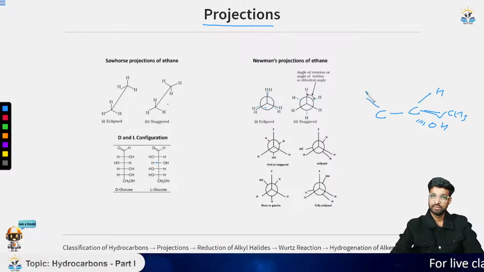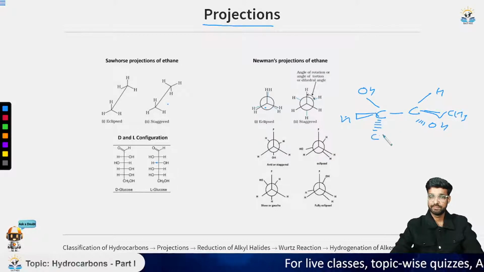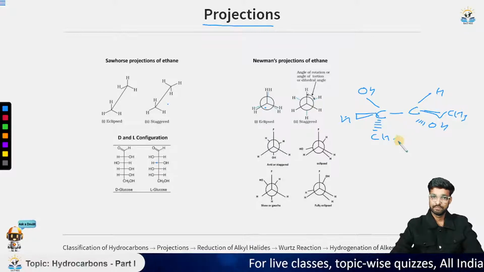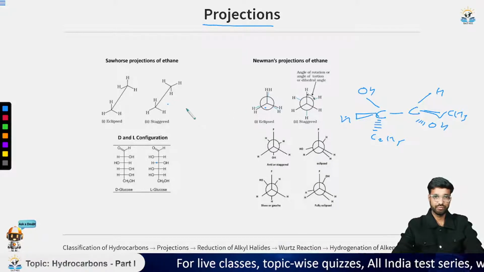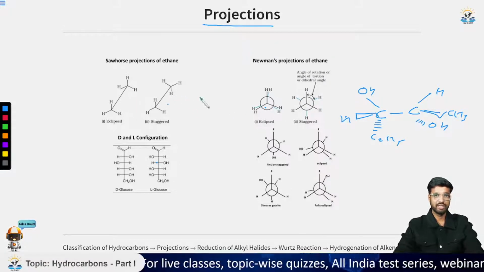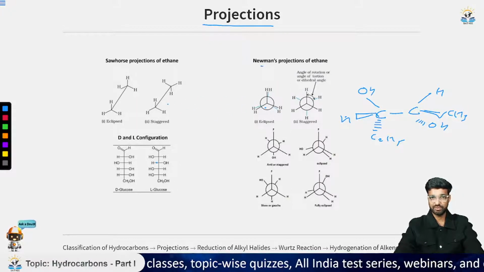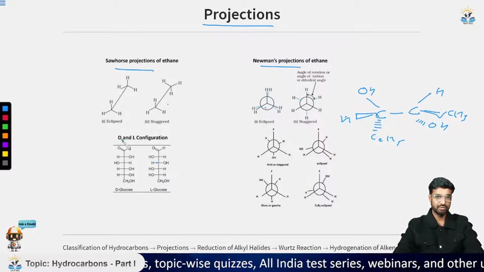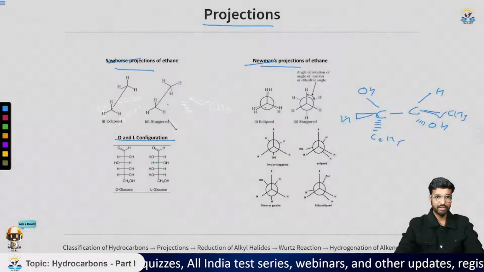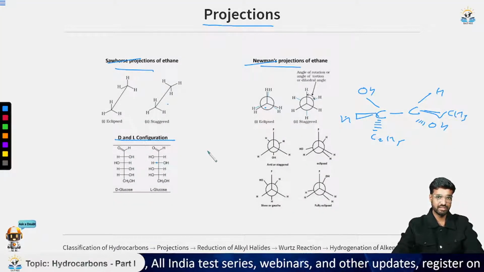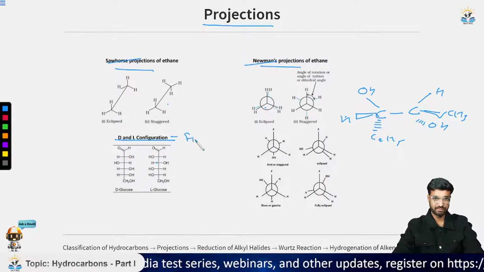Similarly, we have this OH, H and C2H5. So this is the conversion. If you want, you can convert from this eclipsed to this staggered to this Newman projection, and then to this Fischer projection. This is the Sawhorse, this is the Newman, and this is the DL configuration, also called the Fischer projection.